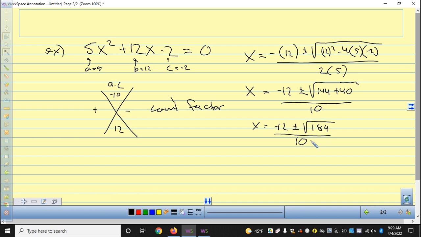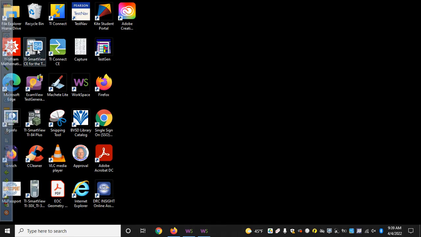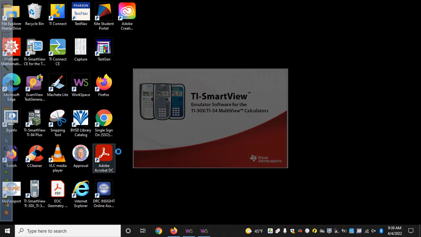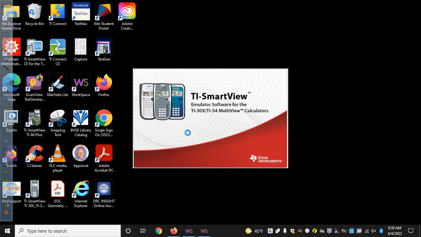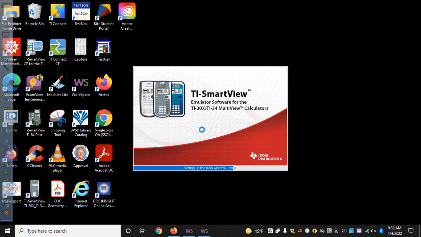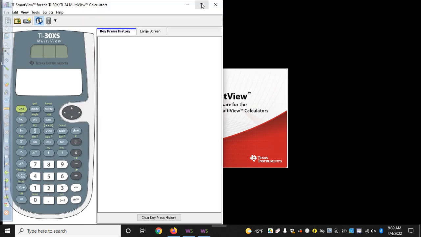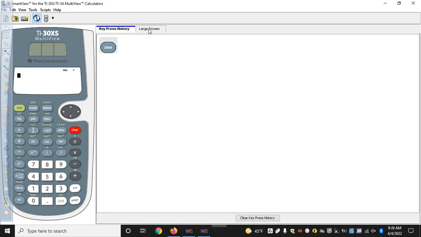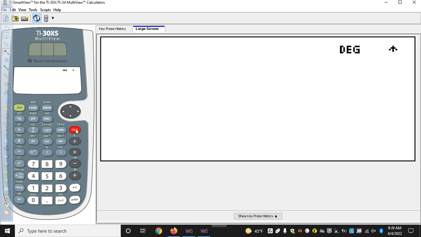184, square root of 184, we need our calculator for that. So let me grab that. Here is our calculator. And I'll just remind us how we find a square root in our calculator. My square root is usually the shifted button, the second button on x squared.